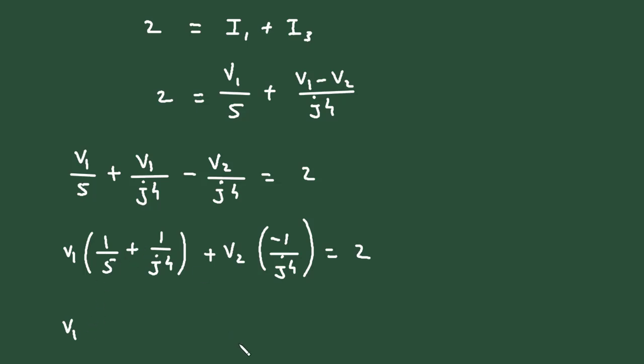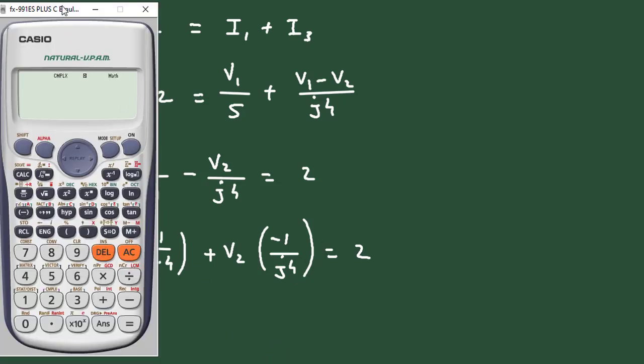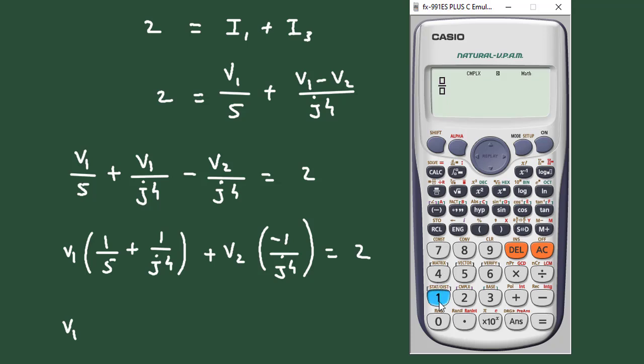So, V1 in bracket, now this will be 1 upon 5 plus 1 upon J into 4.